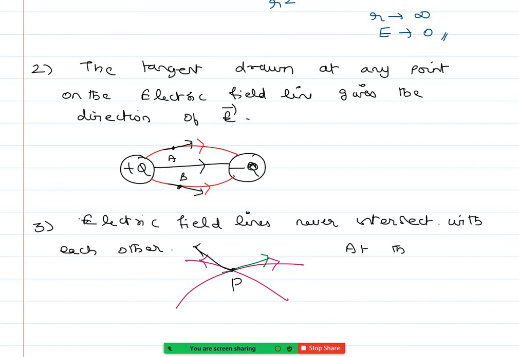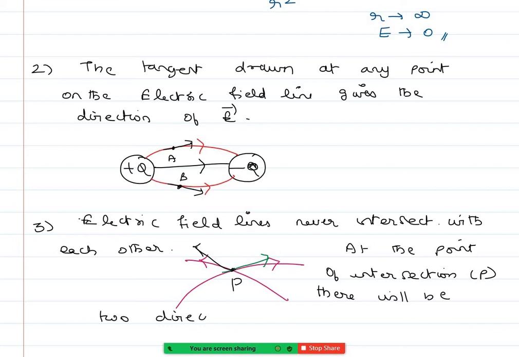At the point of intersection P, how many electric field directions are you getting? There will be two directions of electric field, which is not possible, right?